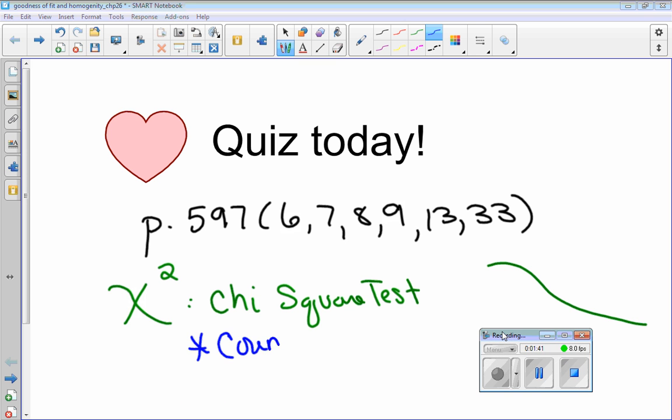But the thing that makes chi-squared unique is it deals with counts. I shouldn't say it's unique, because we're not talking about the average of something. We're not talking about the average length of a shoe, or trying to find the difference between the mean verbal and math scores on an SAT. We're actually going to be talking about counts, a little bit like proportions, and sometimes you can do proportions or chi-squareds, one or the other.